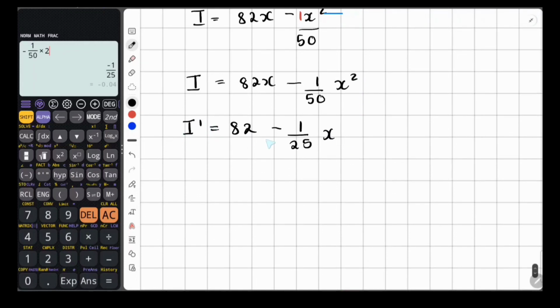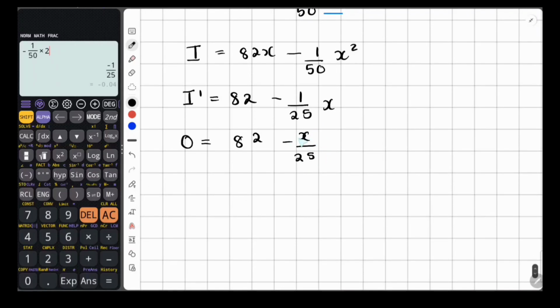Now that we have derived it, this is the gradient of this parabola. We want to find the turning point, or the maximum turning point, so this is going to be 0. We have to make the gradient equal to 0 and say 82 minus 1 over 25 x. In this case, I would rather just put the x on top. It's just easier to solve like this. Since this is negative, I'll take it over. So x over 25 is equal to 82.